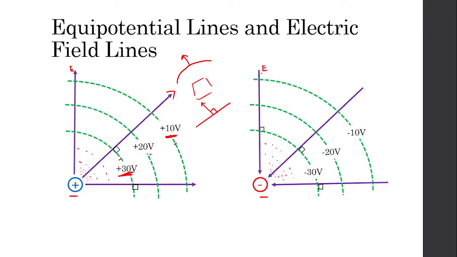This is your E, and it's radially inward because this is negative. And if you look at the relationship again, you would notice that the electric field always points from lower potential to higher potential.